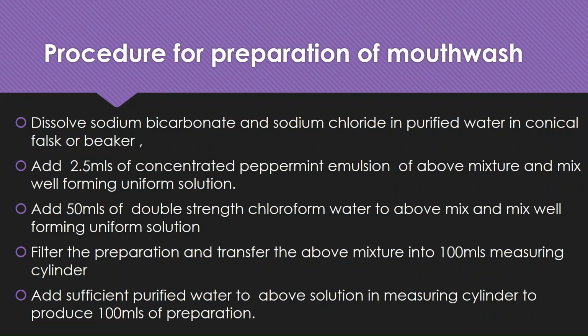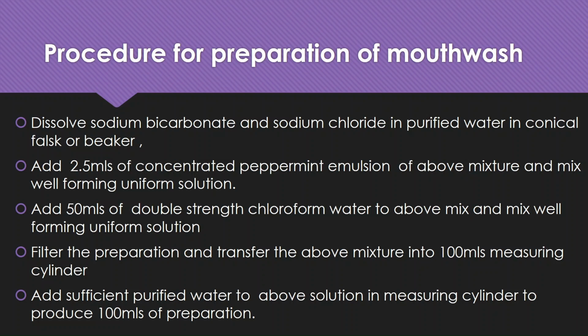We can dissolve sodium bicarbonate, sodium chloride, and purified water together, and then after we do that, we filter it out. Remember our peppermint is a volatile preparation, so that we don't lose it easily, we avoid filtering at the end and prefer to filter before we add the other excipients, that is the 2.5 mL concentrated peppermint emulsion and the 50 mL of double strength chloroform water.